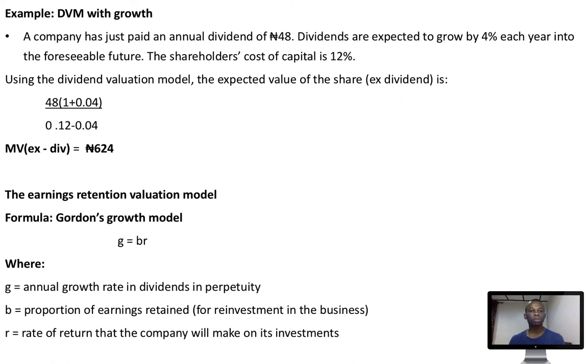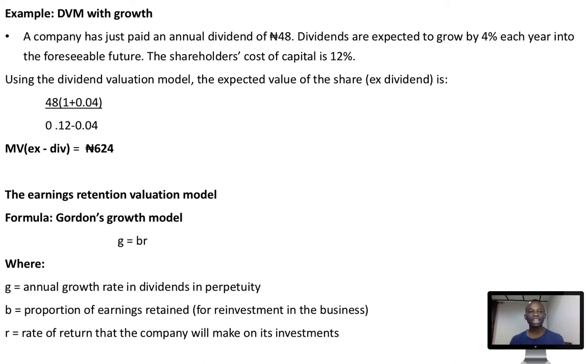Using the dividend valuation model, the expected value of the share is 48 bracket 1 plus 0.04 divided by 0.12 minus 0.04. 0.12 is the shareholders' cost of capital. Alright, you are dividing with the shareholders' cost of capital to get the present value.